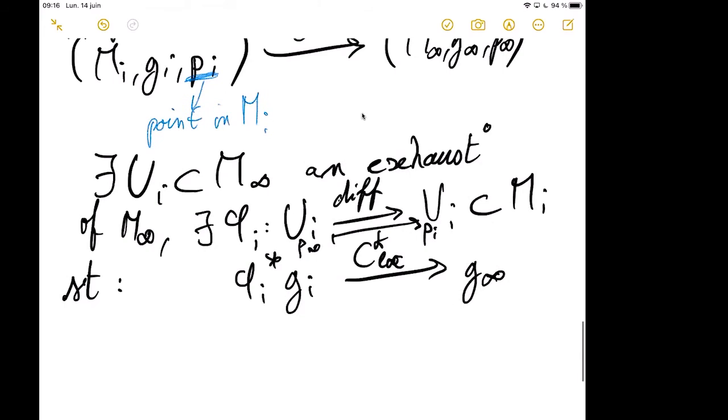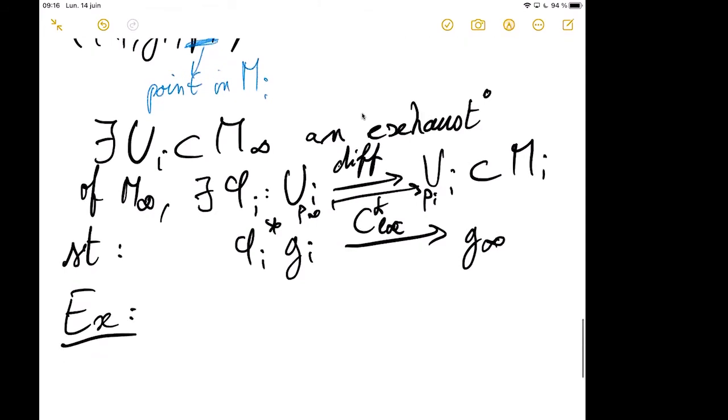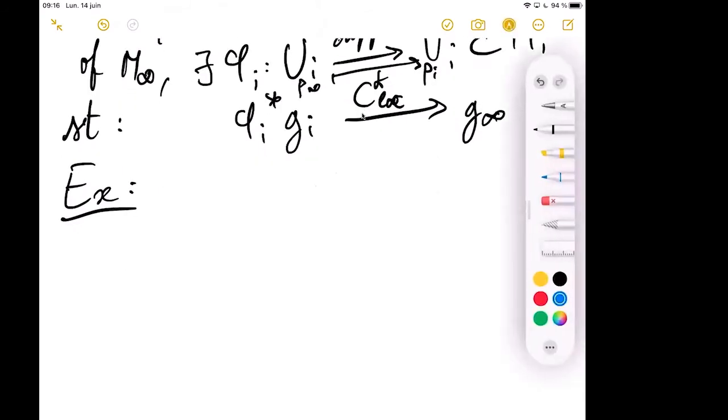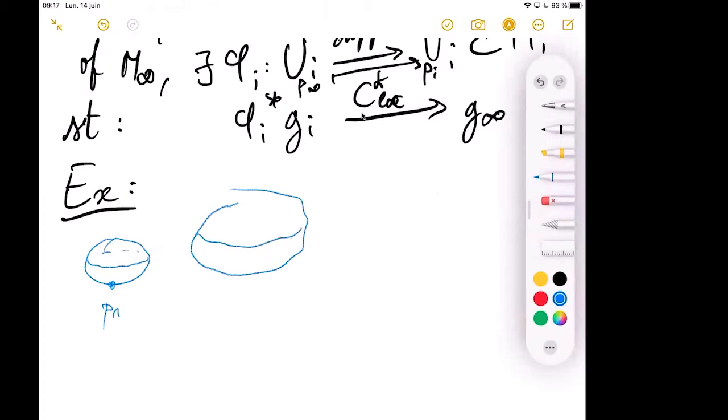Okay, so maybe now it's time to go into some examples. So let's consider, for instance, spheres of increasing radius pointed at, let's say, the South Pole. So that's M1, P1. M2, P2.